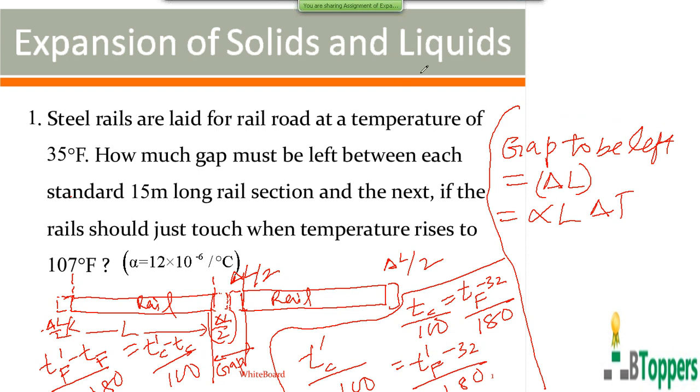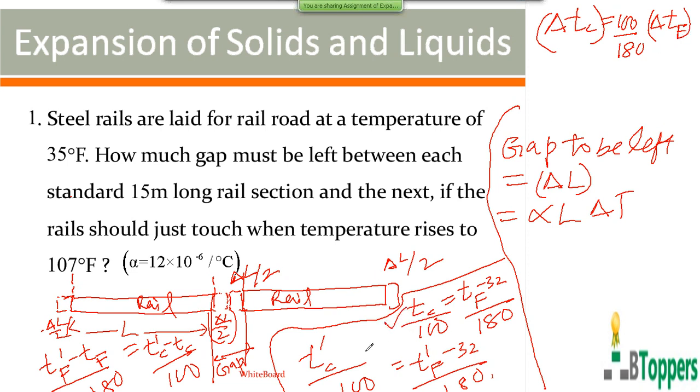So the change in the temperature on centigrade scale, delta Tc, can be done 100 by 180 times the corresponding change in temperature on Fahrenheit scale. That means numerical value of change in temperature on centigrade scale is 100 by 180 times the numerical value of change in temperature on Fahrenheit scale.